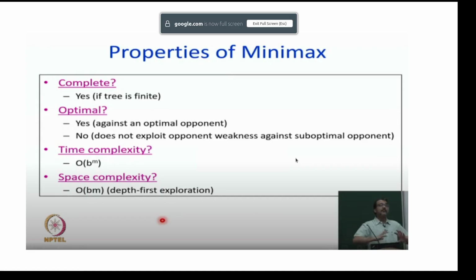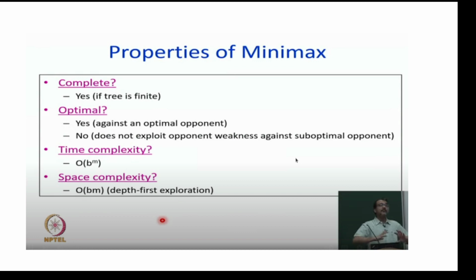So the minimax algorithm is complete if the tree is finite. If the tree is infinite, obviously it will not be able to do that much searching. There would be constraints for those things. So is it complete? Yes, it is complete. It will find a solution if the tree is finite.